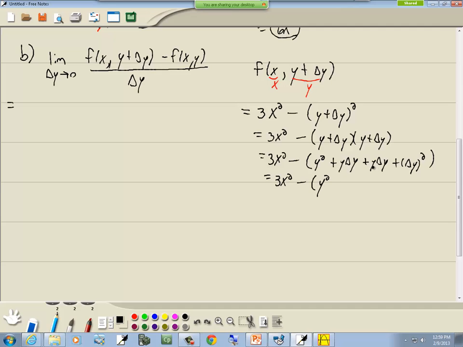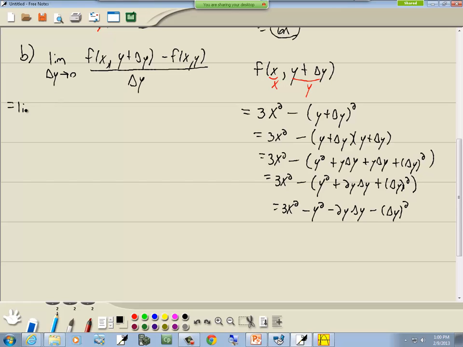Since these are the same, you add the numbers in front of them, so that becomes 2y delta y plus delta y squared. And a negative in front flips the sign of everything, so this becomes 3x squared minus y squared minus 2y delta y minus delta y squared.